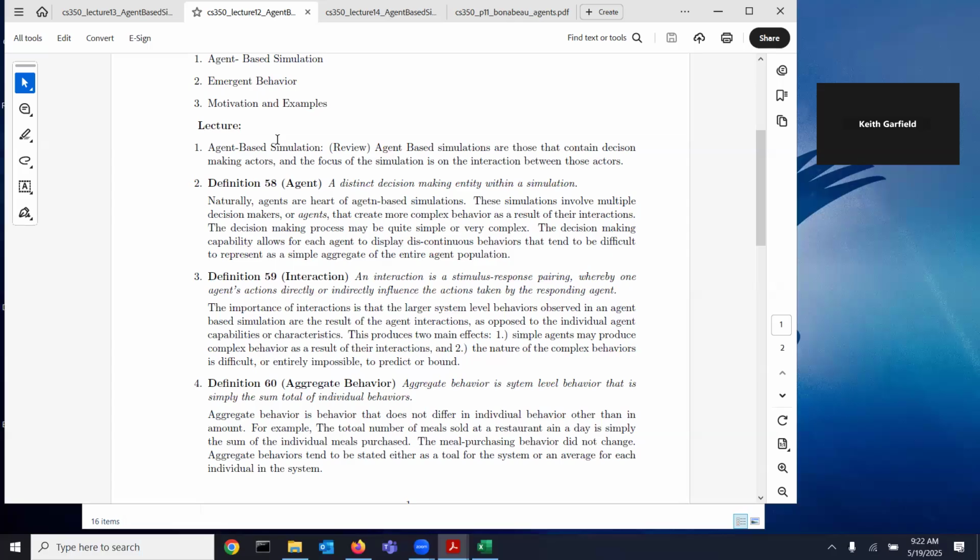Now, some things are on the border between what's a complex or better behavior and what's just an aggregate behavior. For example, a single ant may not be able to lift a bug and bring the carcass back to the nest, but 3 or 4 ants may lift it together and bring it back to the nest.